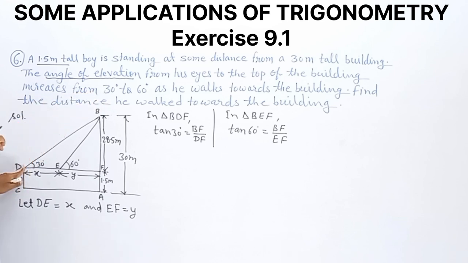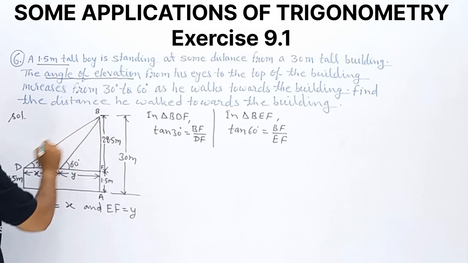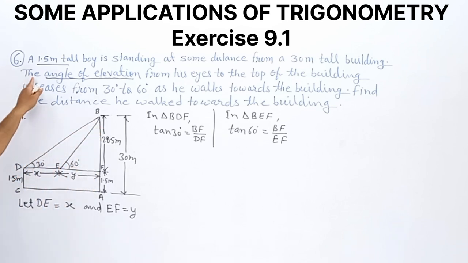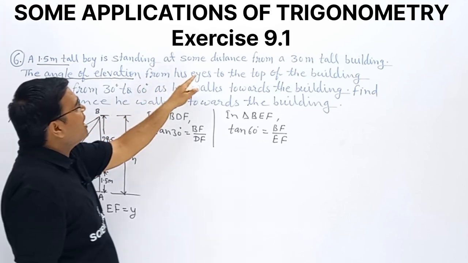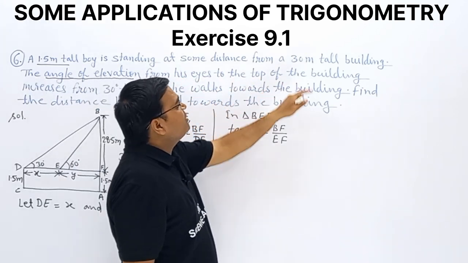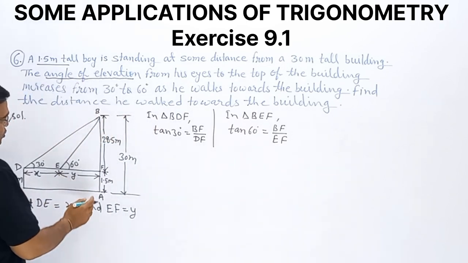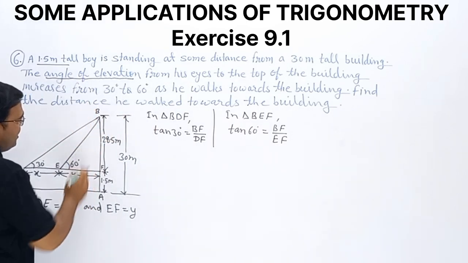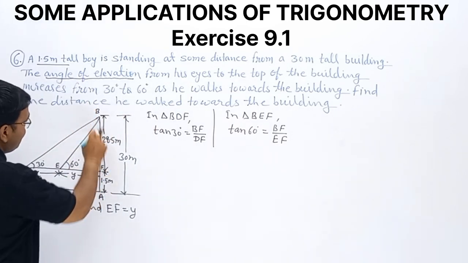But once this boy raises his eyes and head, the line of sight will change. Then the line of sight makes an angle with this level, which will be 30 degree. The angle of elevation from his eyes to the top of the building. We want the height of this building.